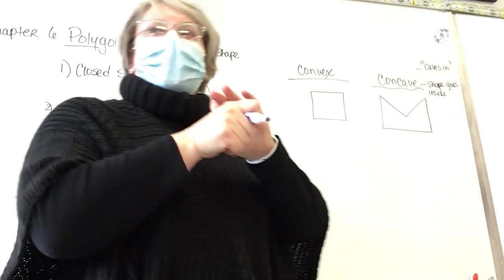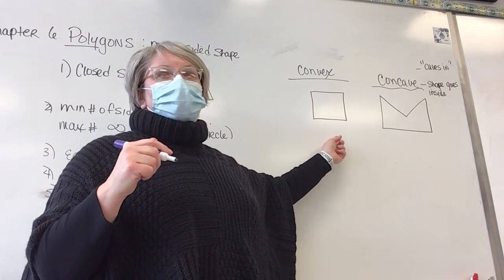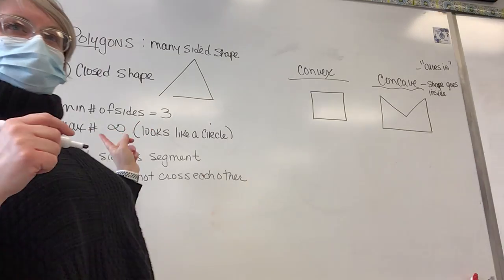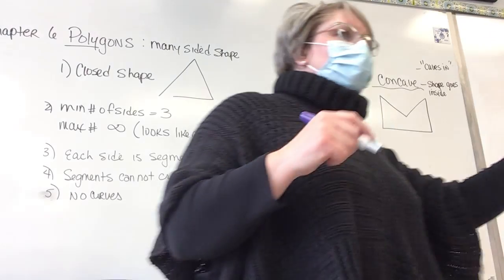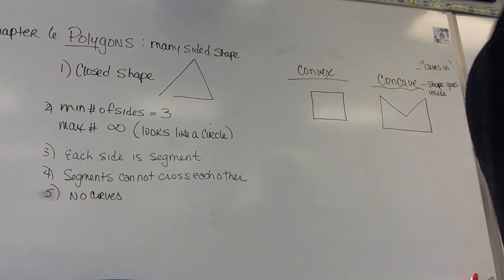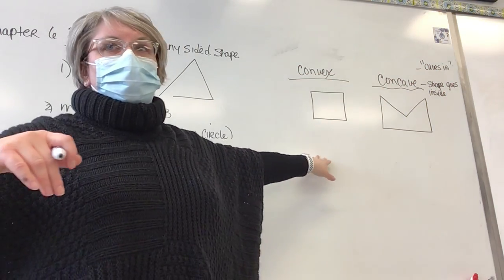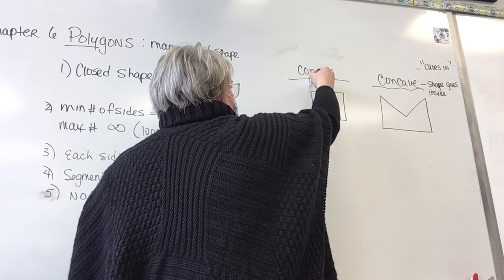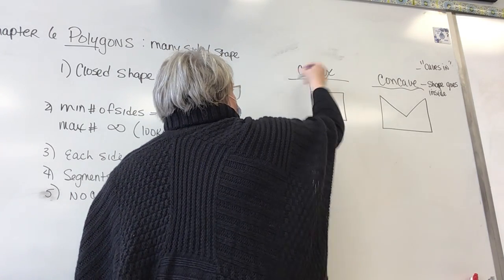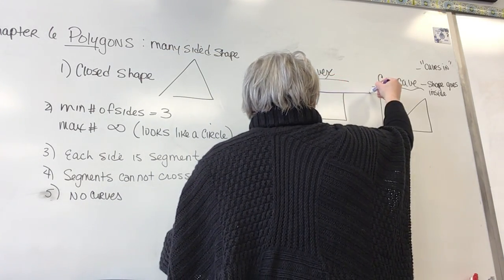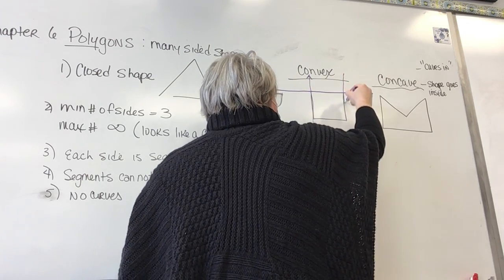So let me tell you the book's formal definition. Each of these sides is a segment. Do you remember that from over here? And from chapter 1, a line is made up of multiple segments, agree? So if you take each segment and make a line out of them, and since this has 4 sides, we would have 4 lines.